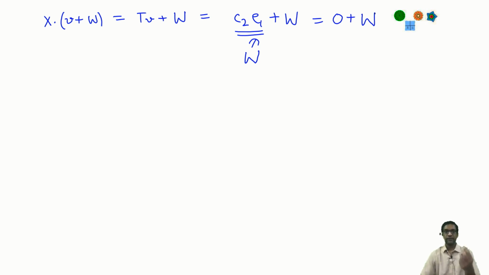If a representative comes from the subgroup that you are quotienting by, then that element plus W is the same as 0 plus W. So this is just the 0 element of the module. In other words, x just acts as 0. x kills all the elements of the quotient space.